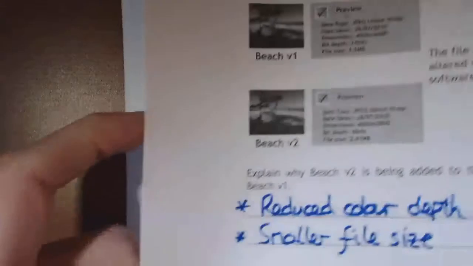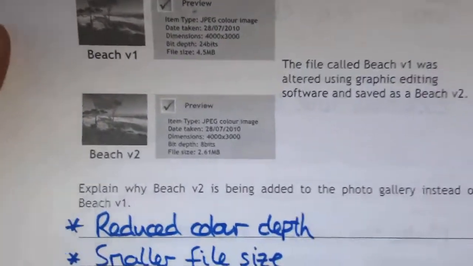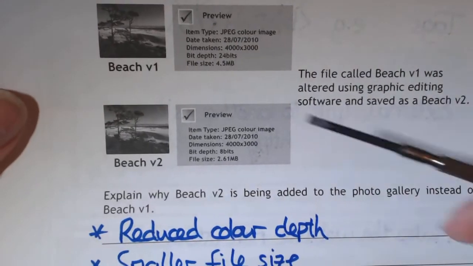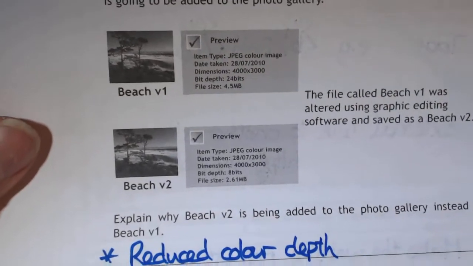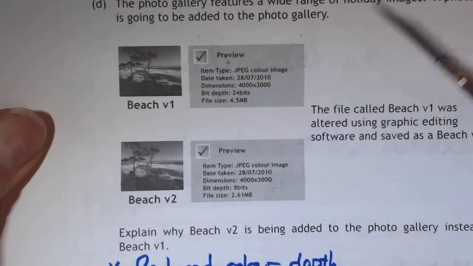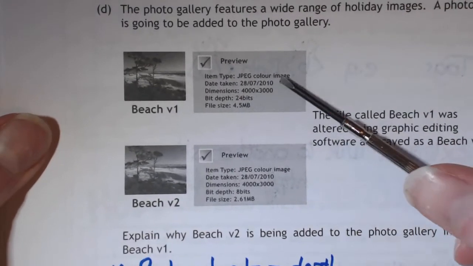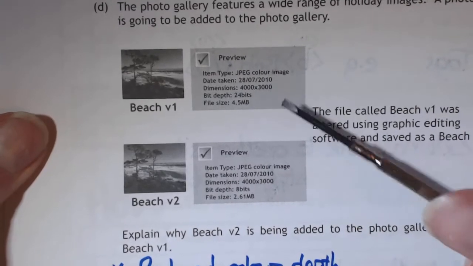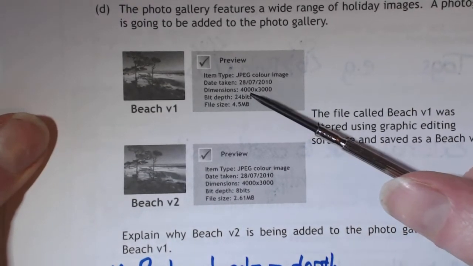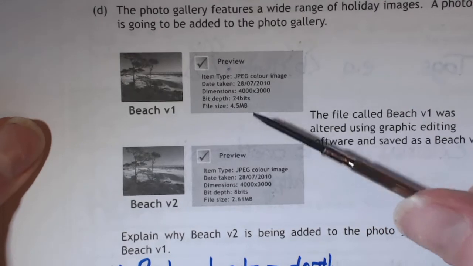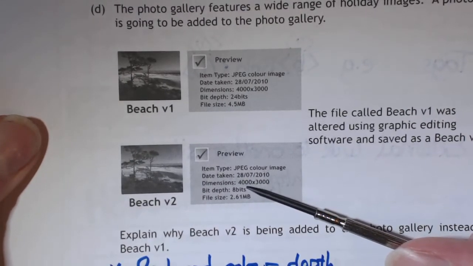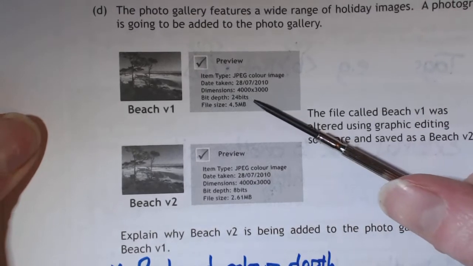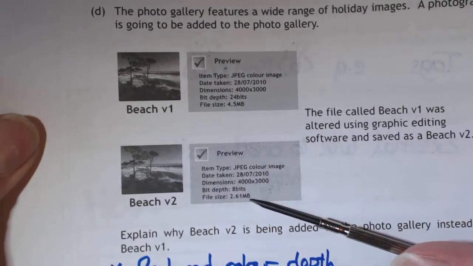If you then quickly look at question 15D, try and hold it up a wee bit better so you can see it. Basically, two pictures, they look the same in this printout. The details are slightly different. Physically they're the same size, so that's the number of pixels and the dimensions in pixels. But you've got a bit depth of 24 bits, which is really high, and then a lower depth of 8 bits, and you'll find the file size has gone from 4.5 megabytes to 2.61.